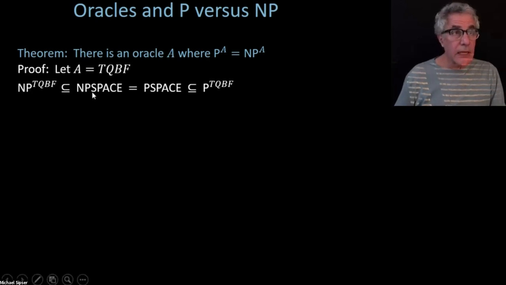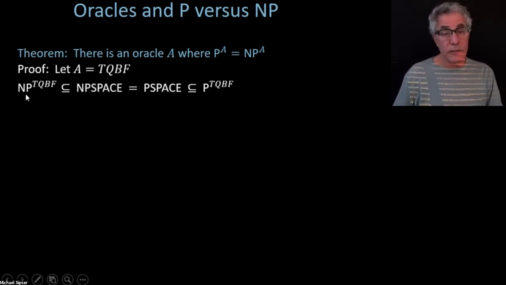The reason is that if I have polynomial space, I can answer questions about TQBF without needing an oracle. I have enough space just to answer the question directly myself. And I use my non-determinism to simulate the non-determinism of the NP machine.